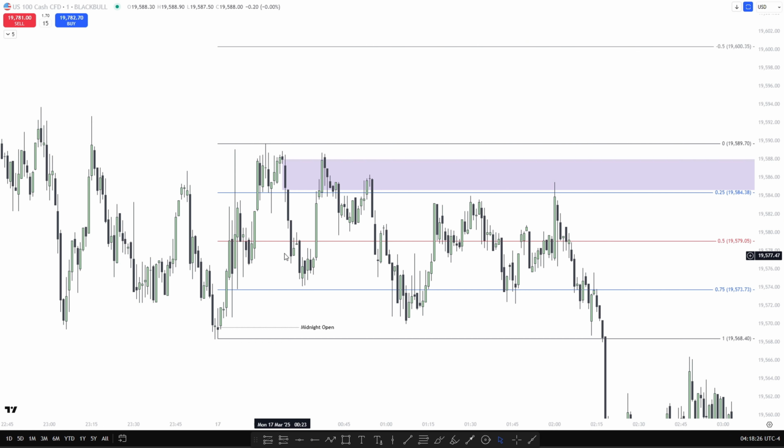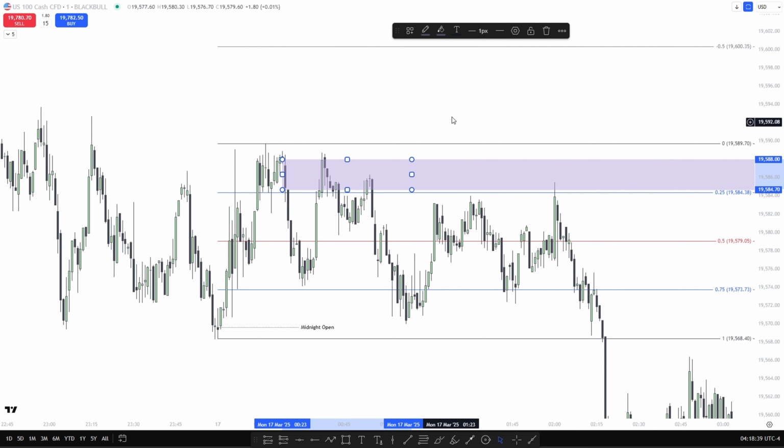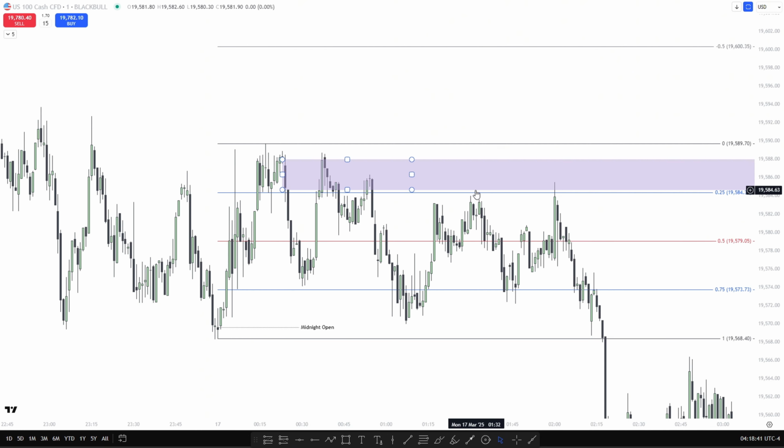So during the midnight range from 12 to 12:30 a.m., you want to find the largest displacement. So it's this one here. I already marked it in purple. And this displacement will be used for the daily delivery, for the London delivery first, but also on the daily.